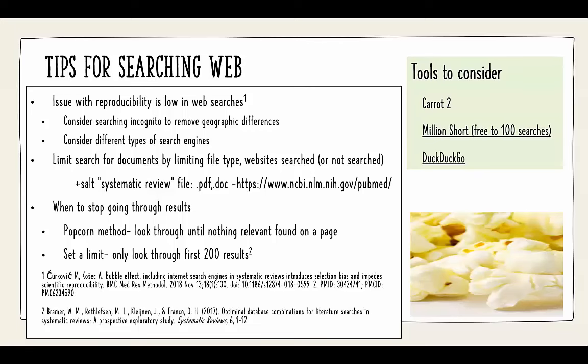And then when to stop going through those results. I've heard different scenarios. There's one where maybe you set a limit. We're just going to go through the first 100 or 200 results. I've also heard the popcorn method. So let's say you're looking at your list of results and you get to a page where there's nothing relevant on the page.